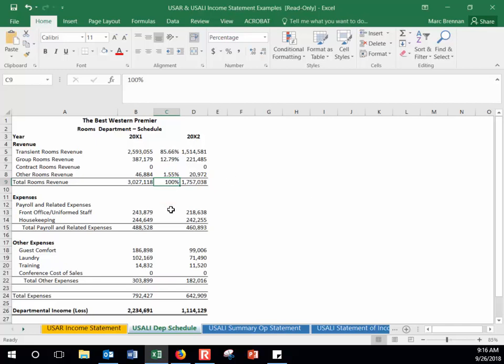Now, when I get to front office, my labor, we're still going to only compare it to my total revenue on this income statement, which is total rooms revenue. And then we'll turn it into a percentage, with 2 decimal places. Now I'm going to start using Excel because we should be. So I'm going to divide my housekeeping by my total rooms revenue.